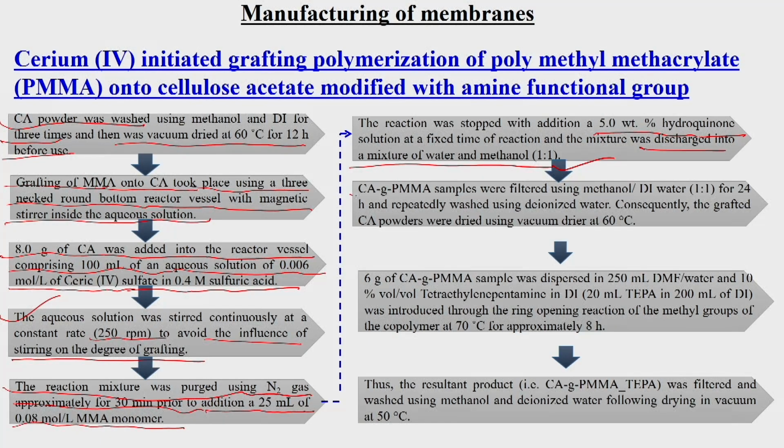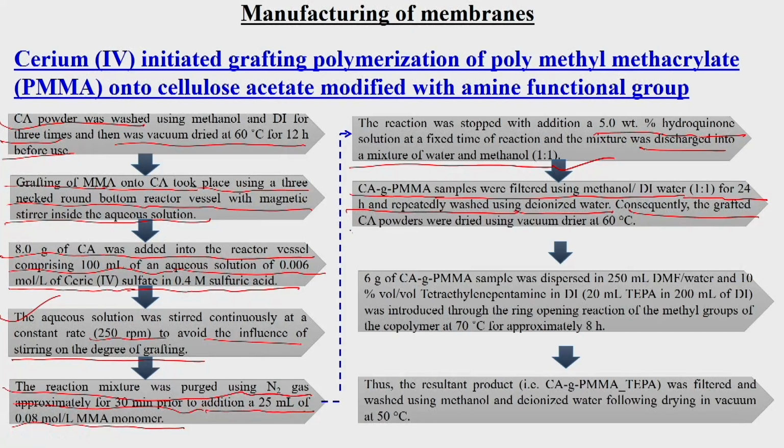Then the cellulose acetate grafted PMMA samples are filtered using a methanol and deionized water mixture, also 1:1 volume to volume, for 24 hours and repeatedly washed with deionized water.